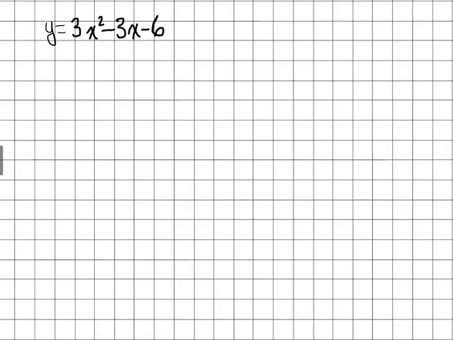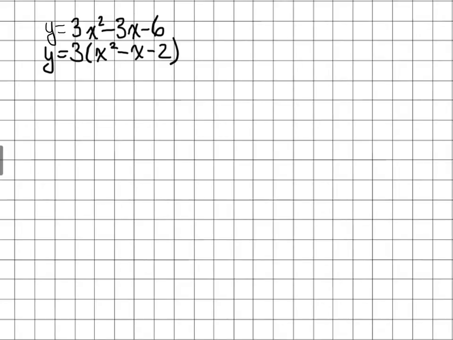So in this case, if we look at all three terms, 3x squared minus 3x minus 6, all of those are divisible by 3. And so we can common factor that out, the 3, before we even begin. So that's what it looks like. And if we don't do that, we're actually going to run into problems when we try to factor.